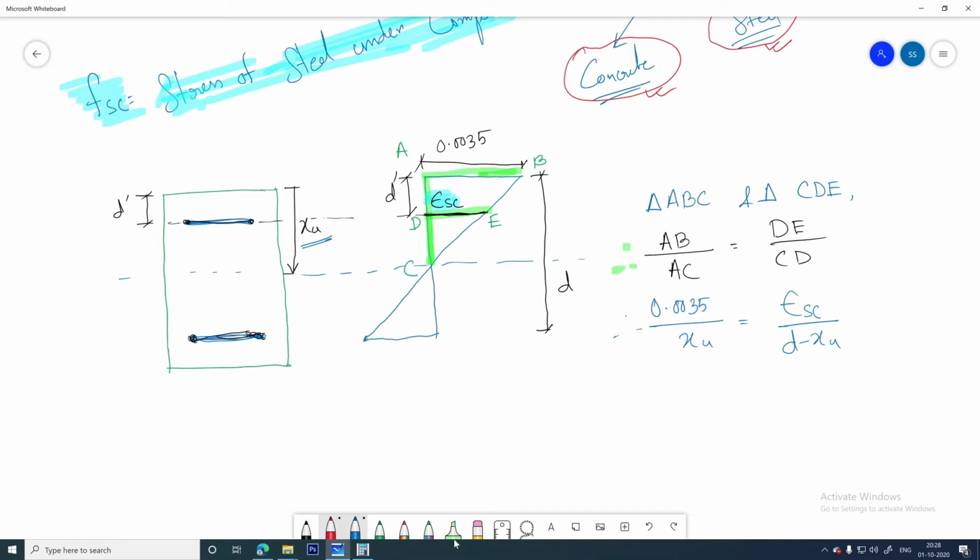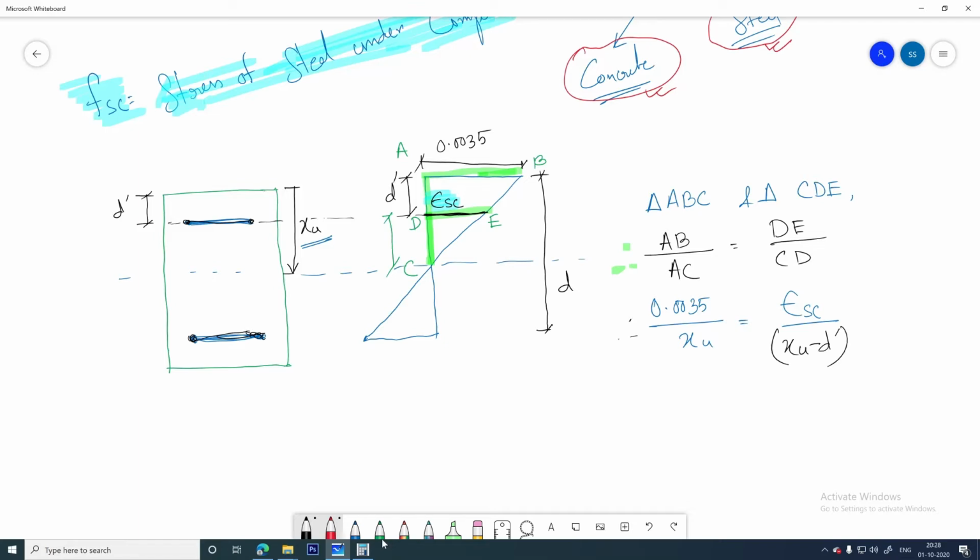Now you know the value of XU and D dash. Sorry, there I have made some mistake. It should be this particular distance, epsilon by this distance, right? And what is this distance? That is XU minus D dash.